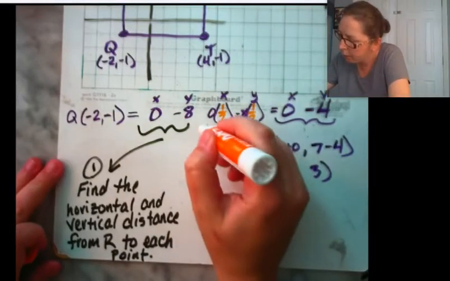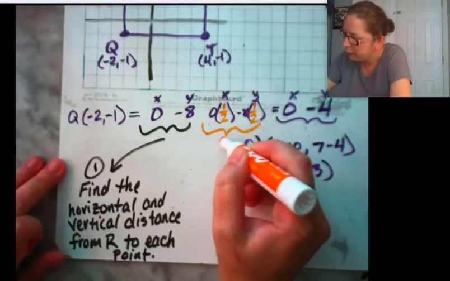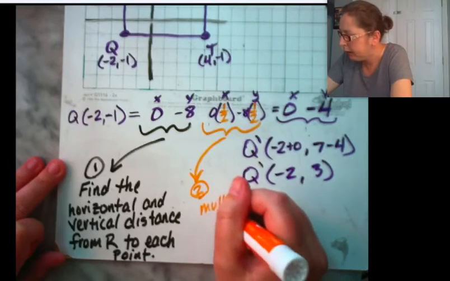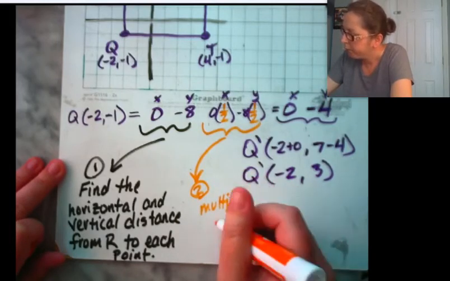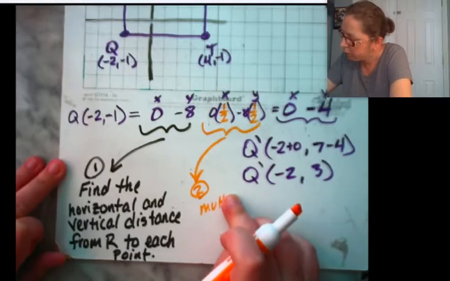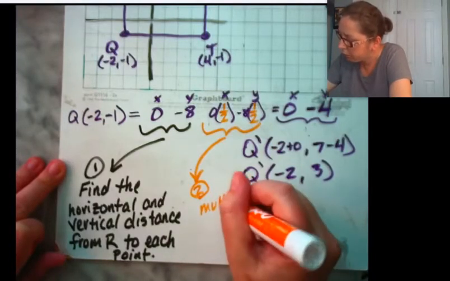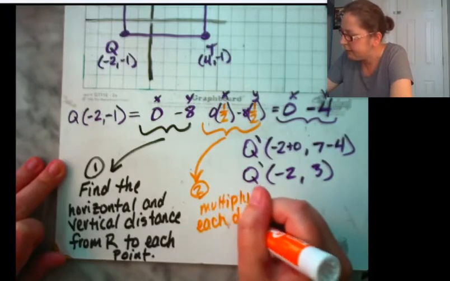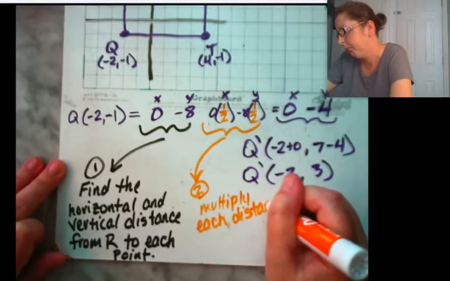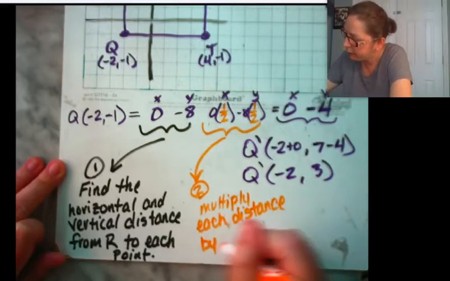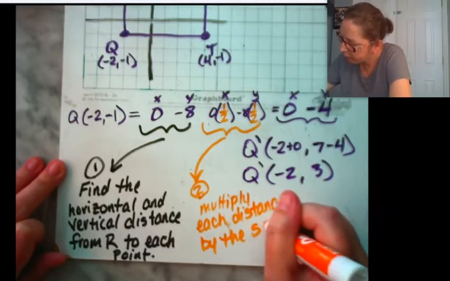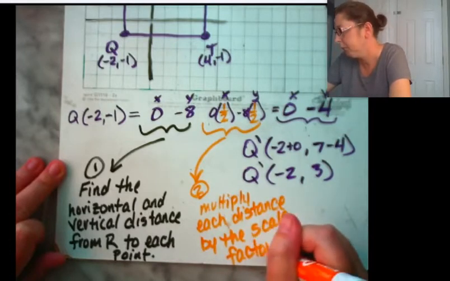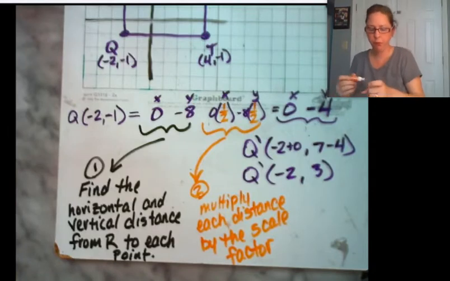Right here, I multiplied each distance by the scale factor. Okay, that's what I did for step 2.